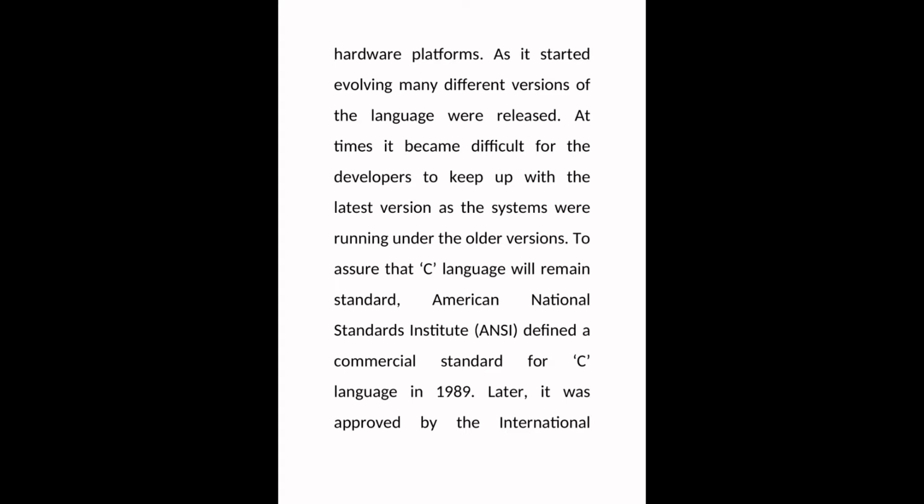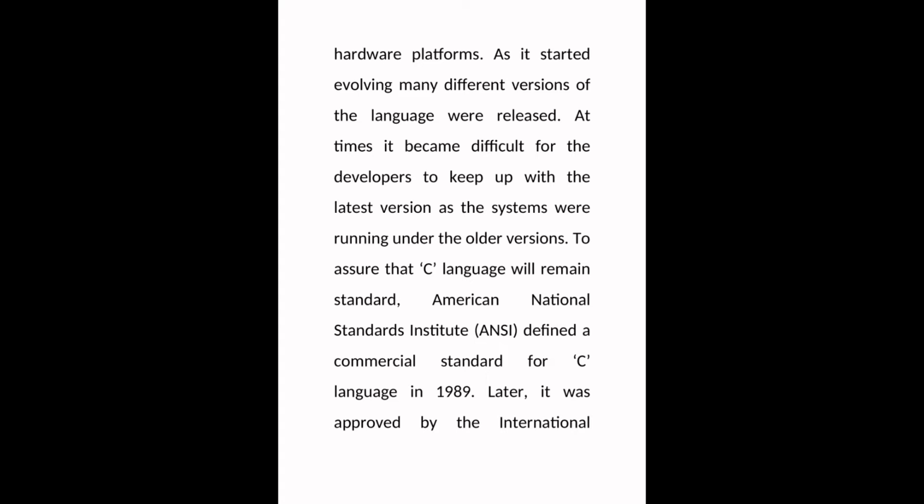C will run on Windows, Unix, Macintosh or many other operating systems, like Solaris.